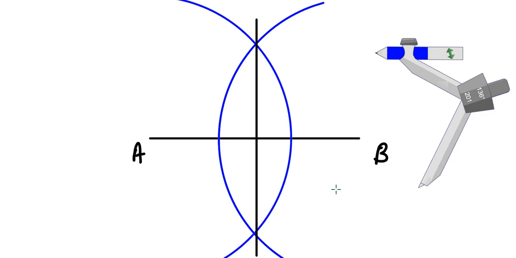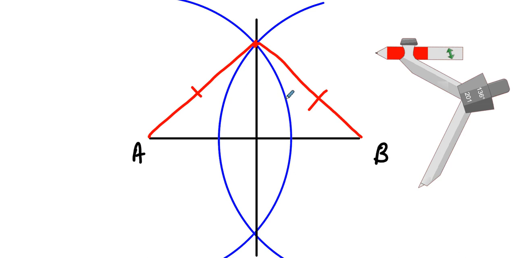How do we know this? Well, let's consider what we did. This point right here is on this circle a certain distance from A, and it's on this circle a certain distance from B. And so we know that this distance here and this distance here are the same.